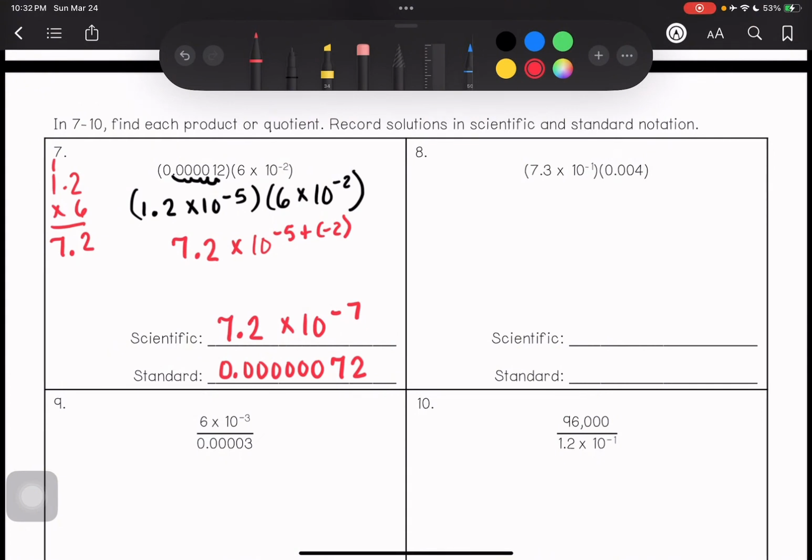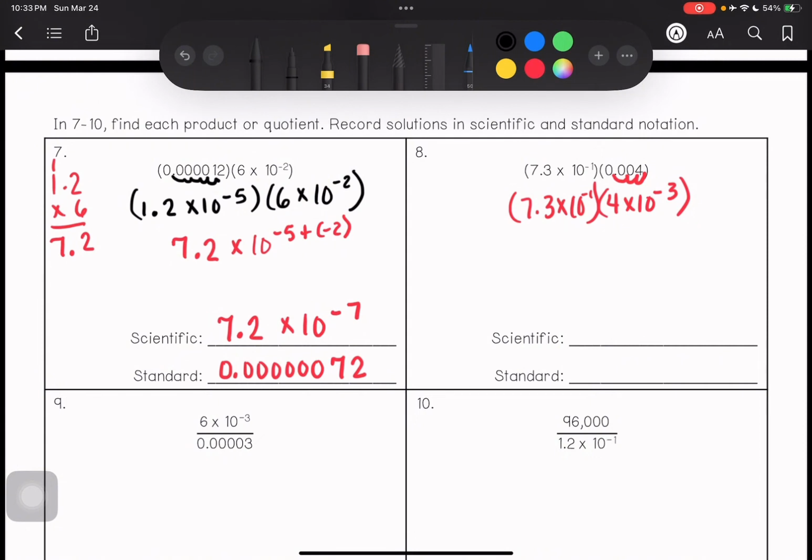Number 8, we're going to multiply this by putting 4 thousandths in scientific notation, moving the decimal 1, 2, 3 times to the right. So this is 4 times 10 to the negative 3, multiplied by 7 and 3 tenths times 10 to the negative 1.